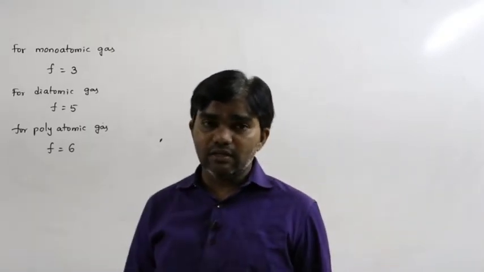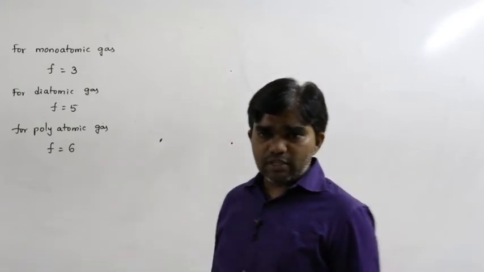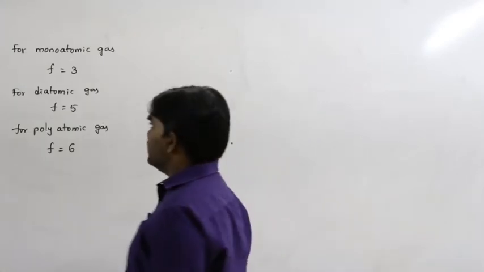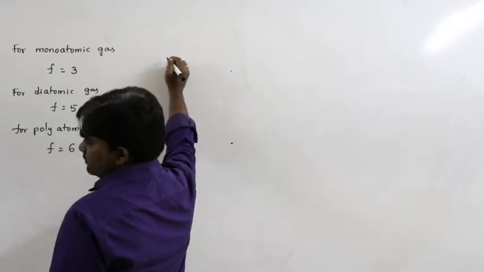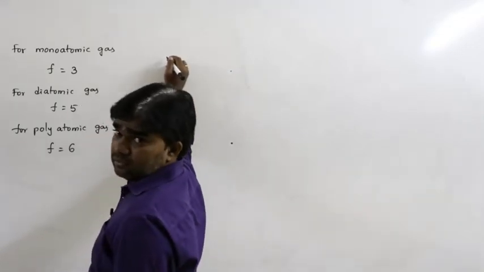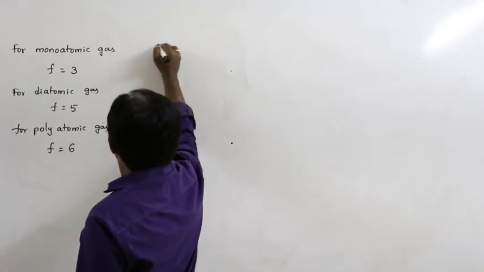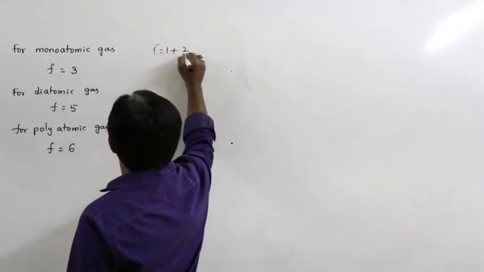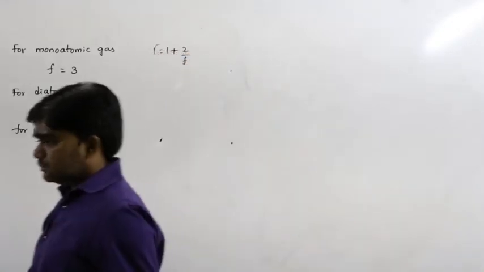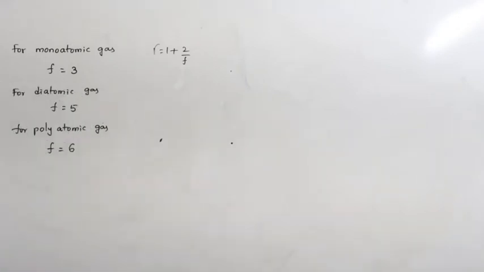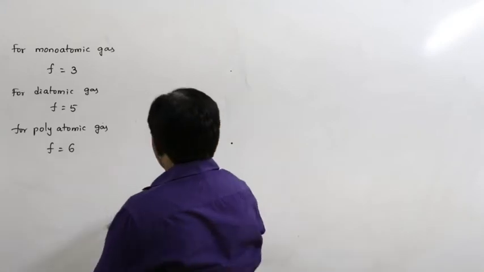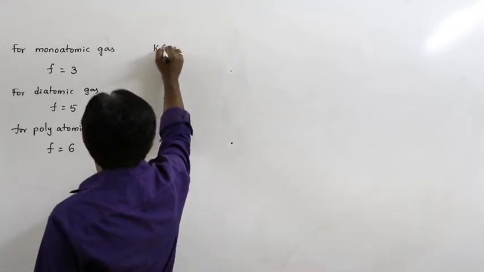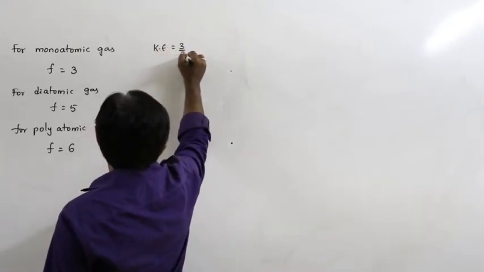So based on these degrees of freedom, we already discussed gamma. What is the value of gamma? Gamma is already defined as 1 plus 2 by F. Before going to this, we know the kinetic gas equation, K is equal to 3 by 2 kBT.